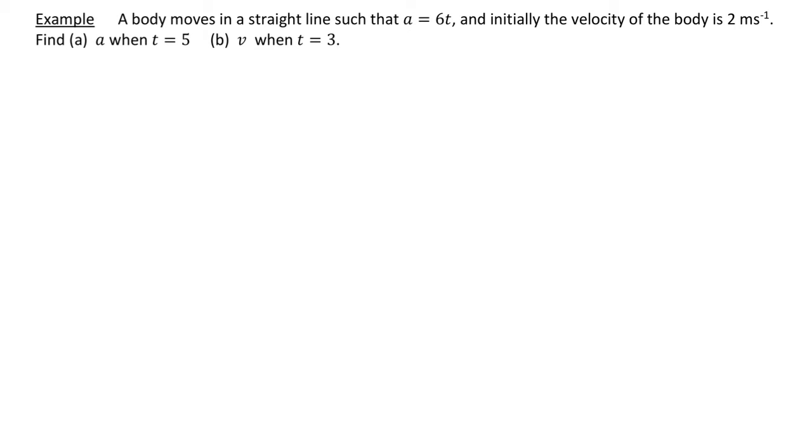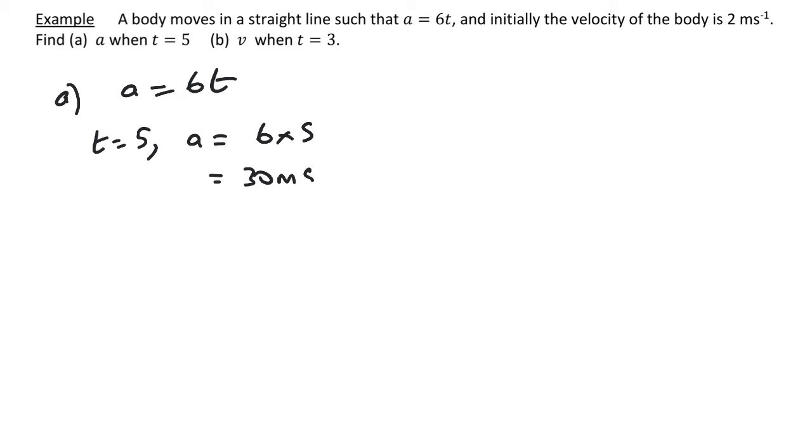So in this example, we've got a body that moves in a straight line such that a is equal to 6t. Initially, the velocity of the body is 2. Find a when t equals 5. So we've got a equals 6t. When t equals 5, a is going to be 6 times 5, which is 30 meters per second squared.